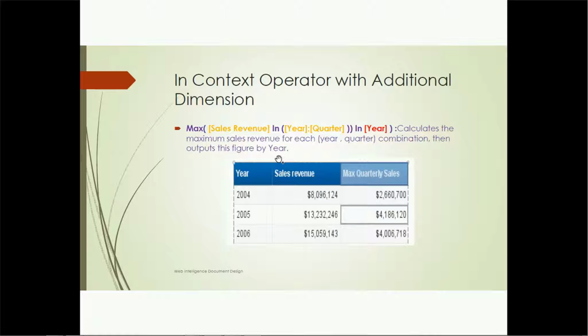Now we can apply the In context operator with additional dimensions. How can we apply it? See, max of sales revenue in year or quarter and in year. This will calculate the maximum sales revenue for each year and quarter combination, then output this figure by year. See, max quarter for 2004, this is the maximum value. For 2005 this is the maximum value, and for 2006 this is the maximum value.